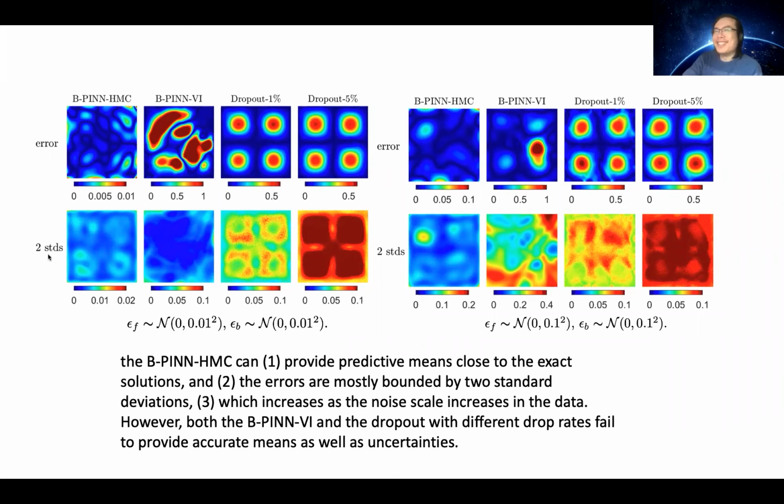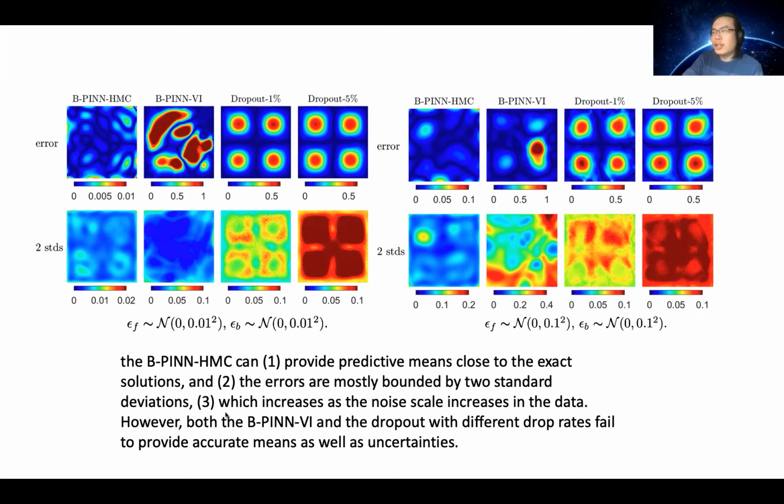And with the standard deviation, the points are: firstly, the predictive means are close to the exact solution, so the error is very small. Secondly, the errors are mostly bounded by 2 standard deviations. So basically the standard deviation gives you a reasonable uncertainty. That is exactly what we want.